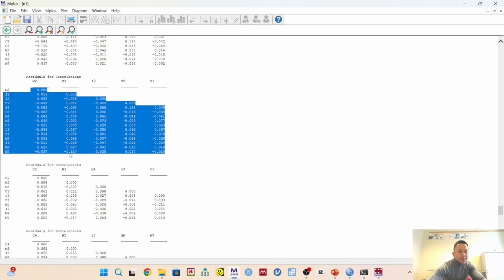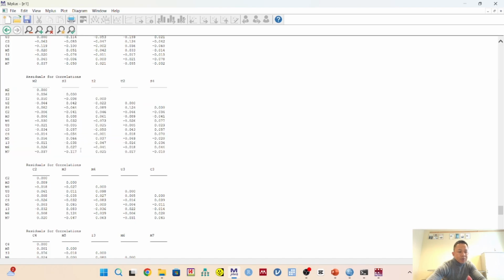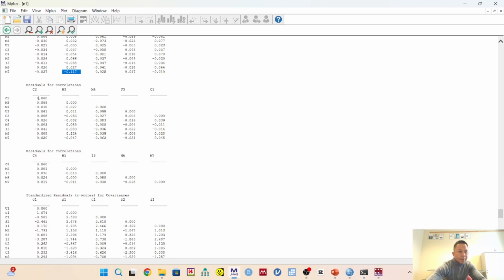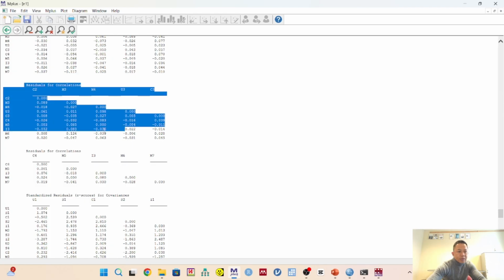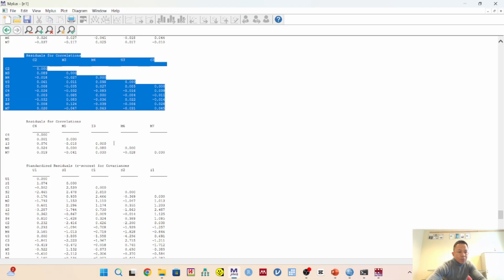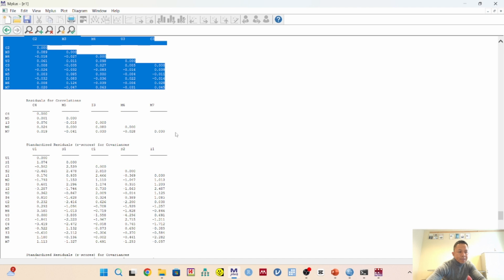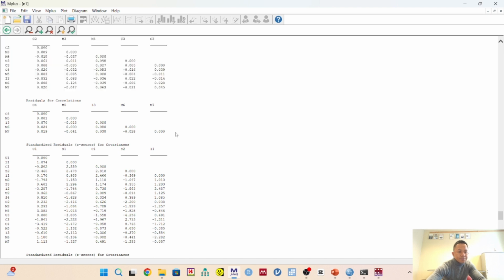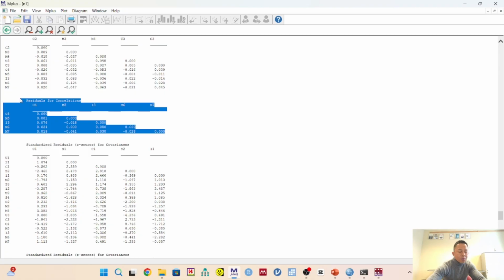Here a little bit, S3 and M7. This one is a little bit higher, but these are different items, different factors correlation, we don't count it. It means these residual values are also less than 0.1. That's why we will not count it. All are less than 0.1.